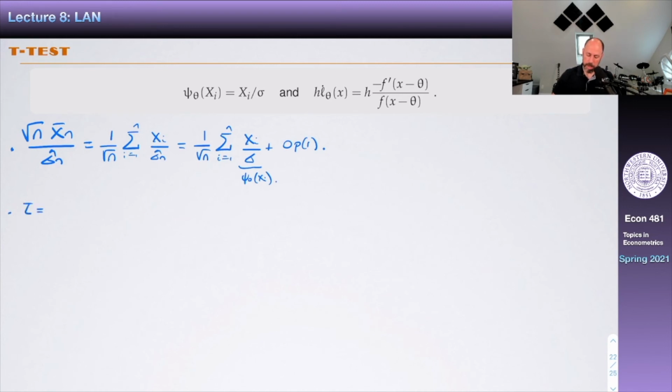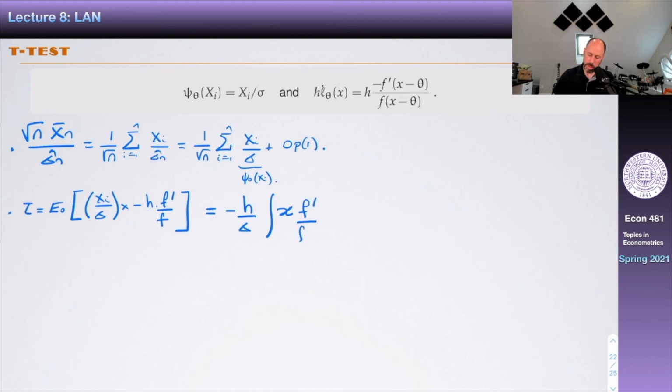Tau is the expected value under the null of the influence function, x divided by sigma, times minus h times the score. So let me take h and sigma outside. Let me write these expectations as an integral. And this is x f prime divided by f times f dx.